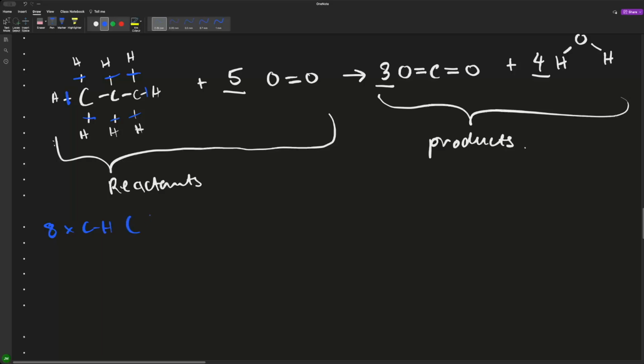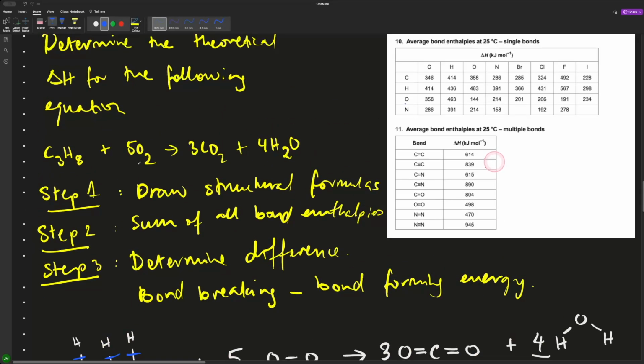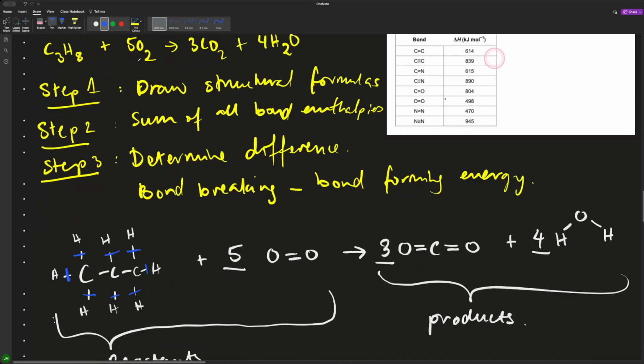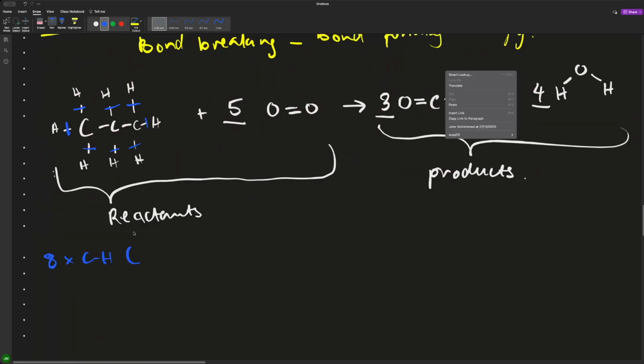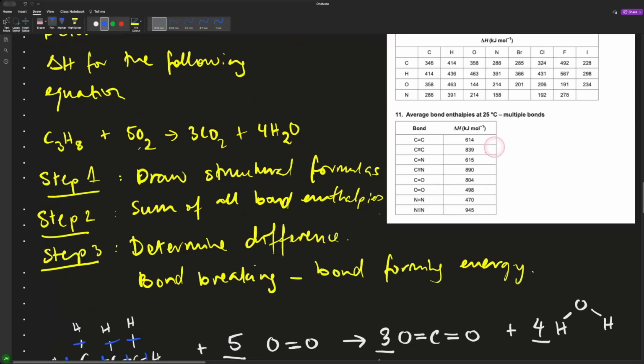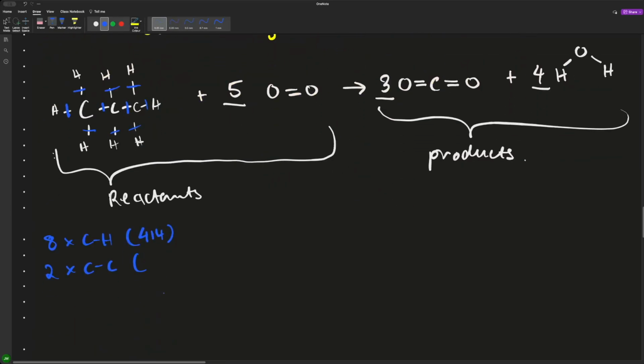Now a CH bond, if we look at our data book, is 414 kilojoules. We are also breaking these carbon-carbon bonds. Do not forget them. They are easily forgotten. And carbon-carbon is 346. All right. Now the oxygen, there are 5 of them.